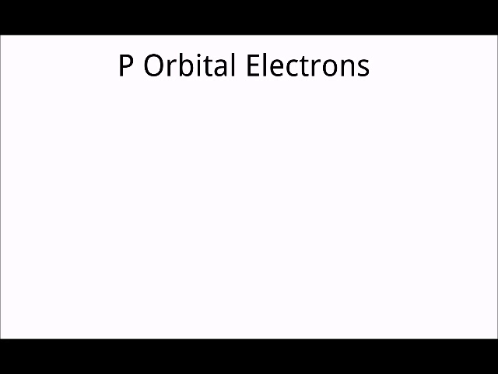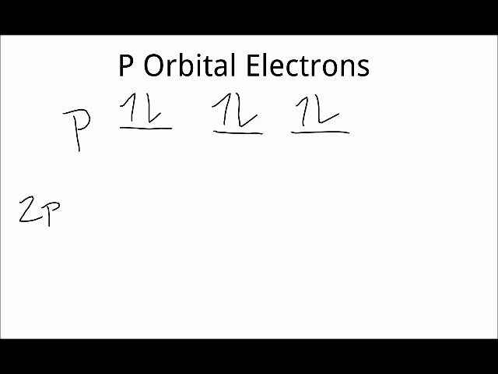When we normally deal with a p orbital, we're dealing with 3 of these orbitals, which can hold a total of 6 electrons. Depending on what p I'm referring to, I could have 2p, 3p, etc. I'm going to have n equals 2, and n equals 3 here.